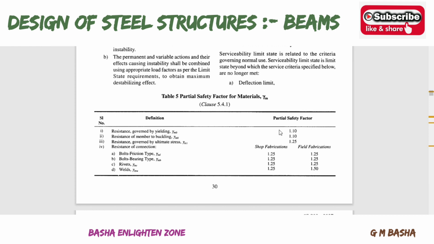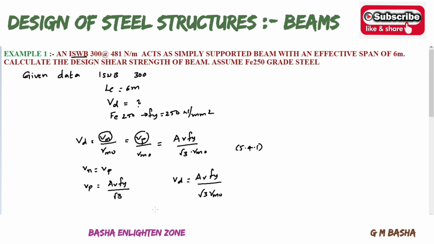Both will be 1.10 only. Resistance governed by ultimate stress you can take as 1.25, and for bolts and fabrication you can take 1.25, and for welds you get 1.50. So here your partial safety factor will be 1.10.